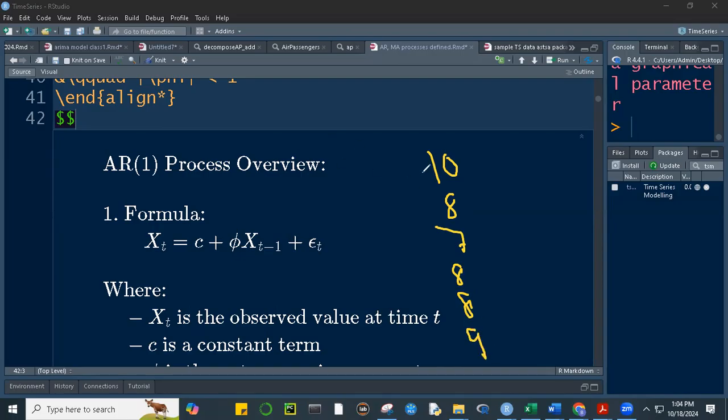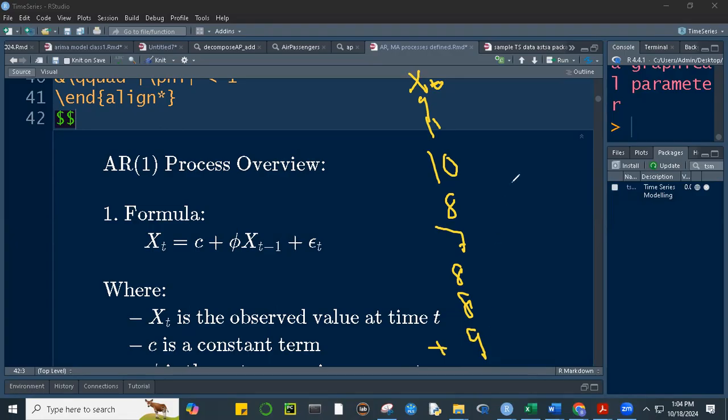Suppose this is a series. There are more numbers here. This is the latest. Let's say 11, 9, etc. This is your x sub t.